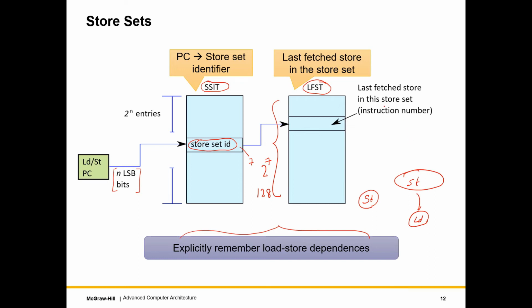So how do we identify an instruction? Well, we provide each instruction with a unique instruction number, which, if you read the book, is a number twice the size of the reorder buffer.